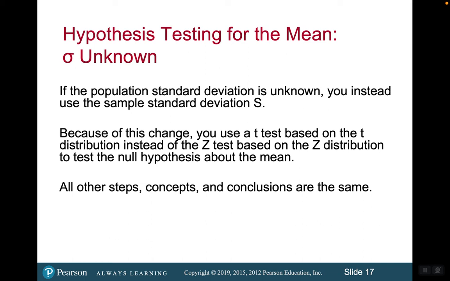Whenever we do that, we change the table, so we use a t-table, not a z-table. So if we don't know the standard deviation and we use the sample standard deviation, this becomes a t distribution as opposed to a z distribution. But everything else we do is the same.